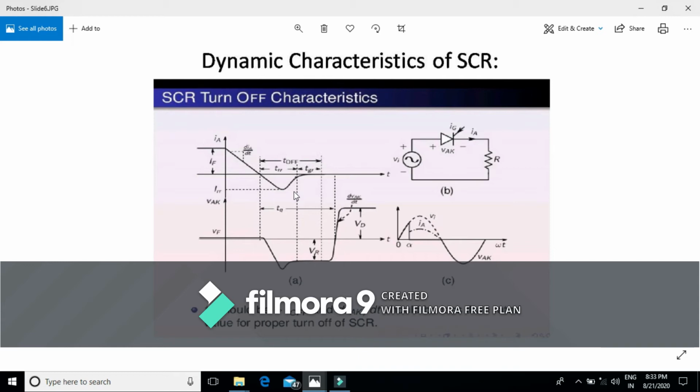or turn off process. I already mentioned that to turn off the SCR, we have to apply a reverse voltage.